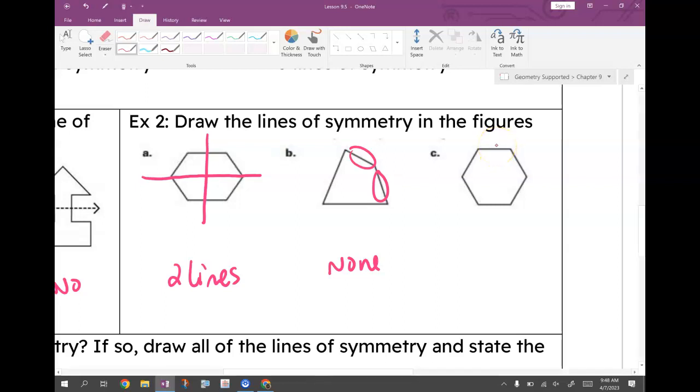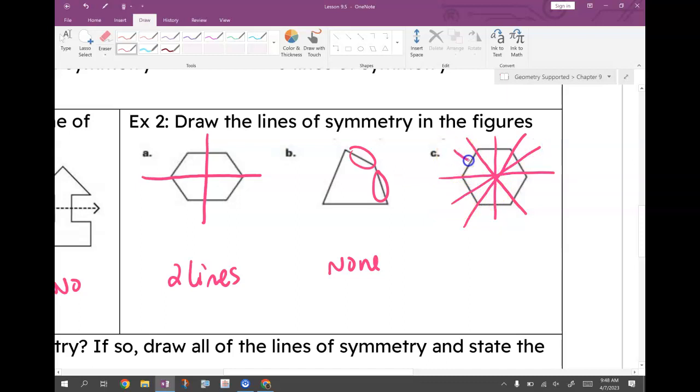So let's start. Give me one. Top, bottom, side to side. Catty corner. Diagonal here. Corner again. Diagonal here. What else? Middle of the side.